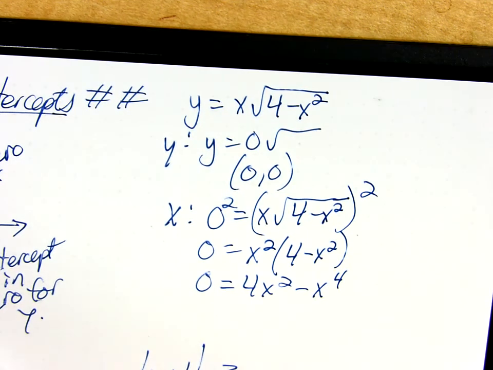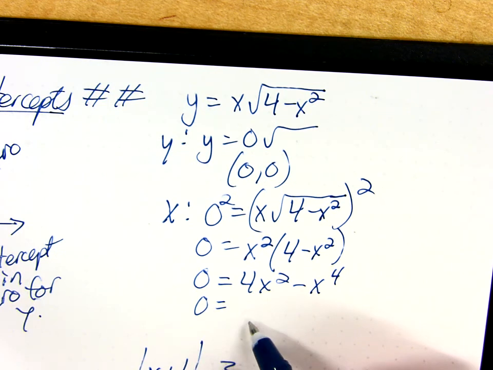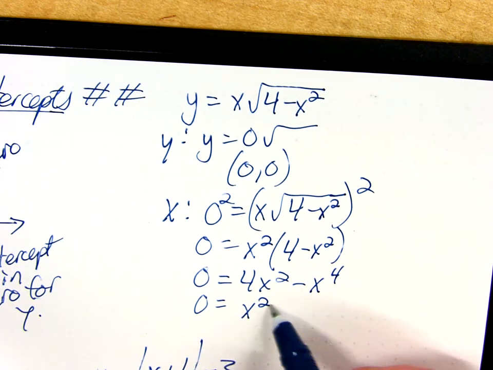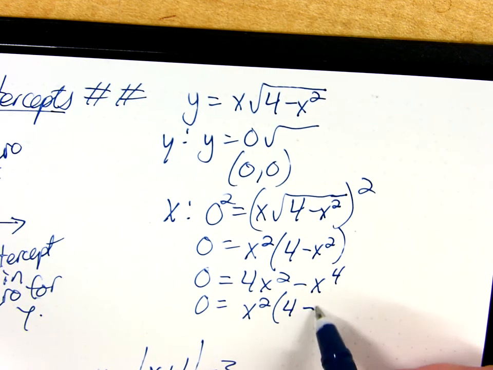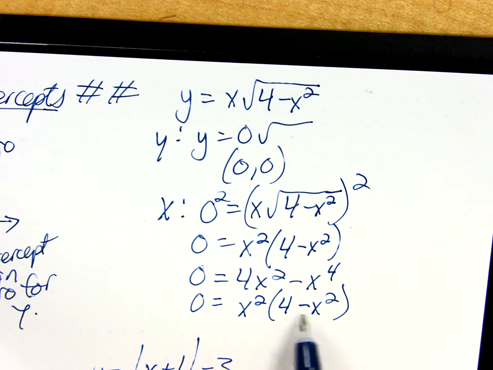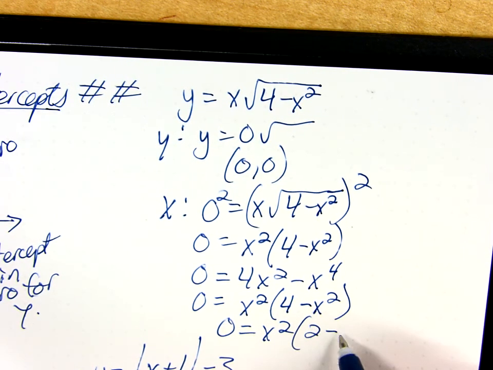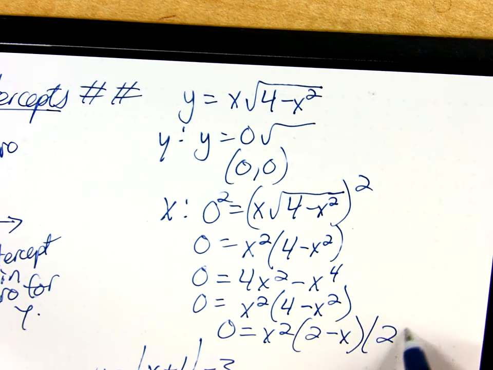Now I can factor that bad boy. I can take out x squared, and I'm left with 4 minus x squared. But isn't that the difference of two perfect squares? So can't you factor that again? If I factor this completely, I get x squared times 2 minus x, times 2 plus x.